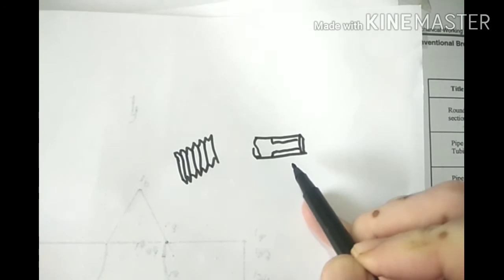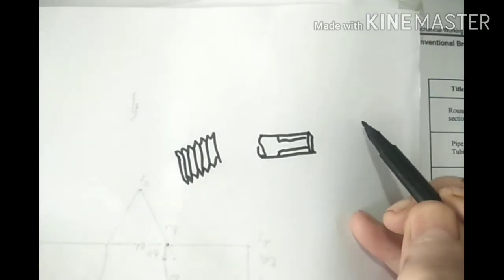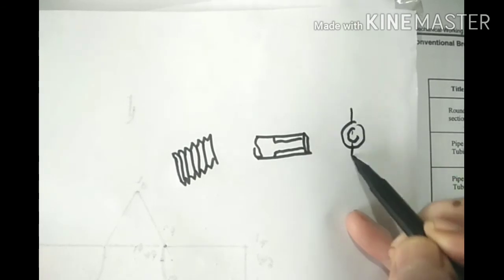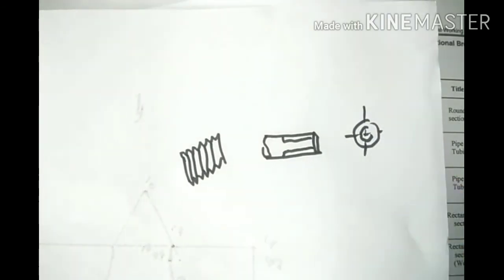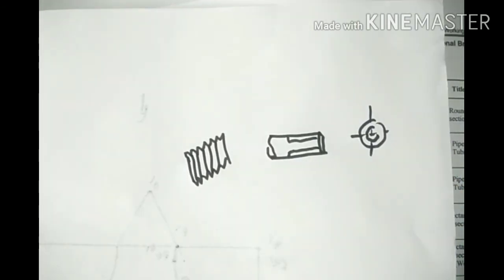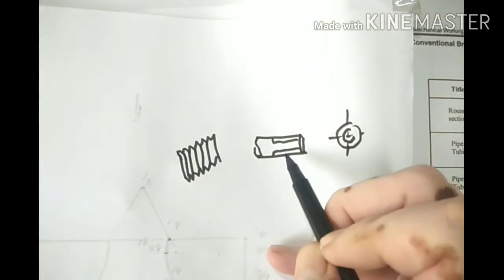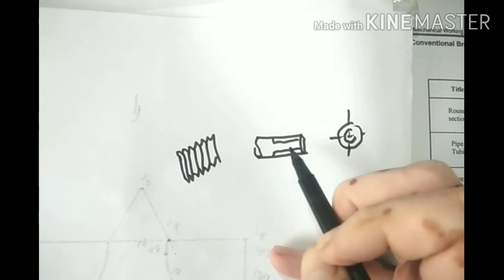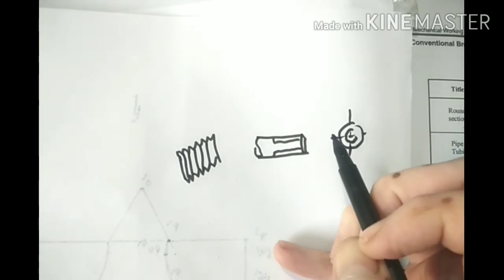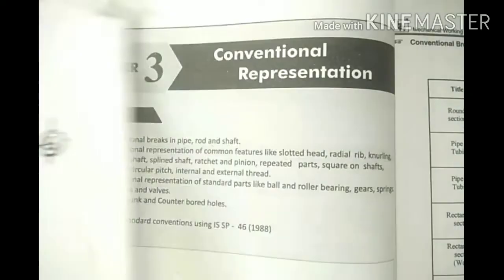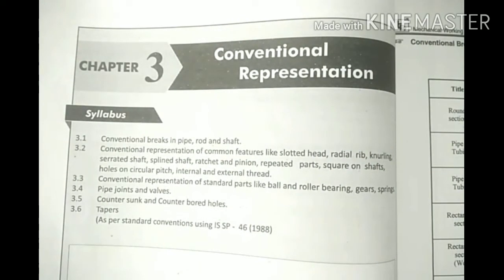This is the symbol of external thread, or external circle full, internal circle 3/4. That is the convention of the thread. So no need to draw complete thread, just we will draw the conventional representation, that is called conventional representation, or in easy way you can say the short form of drawing.